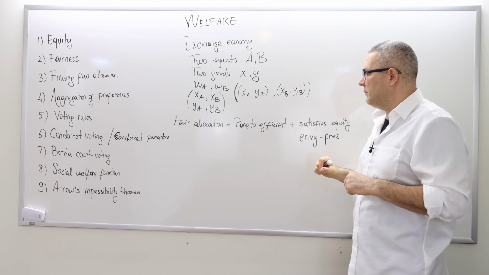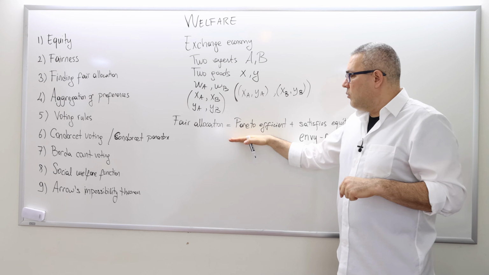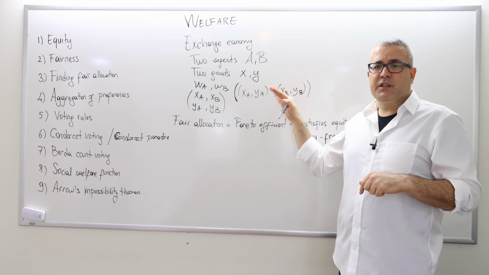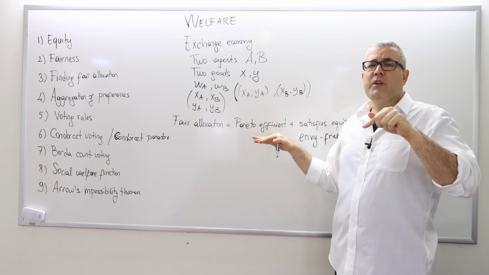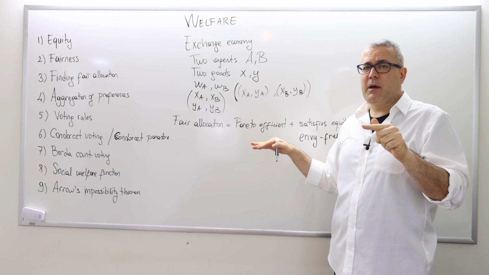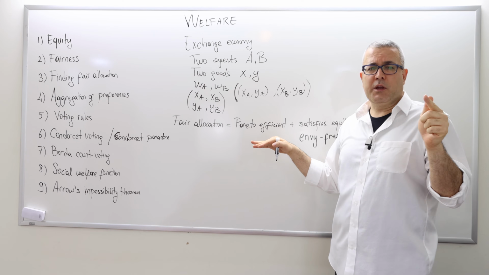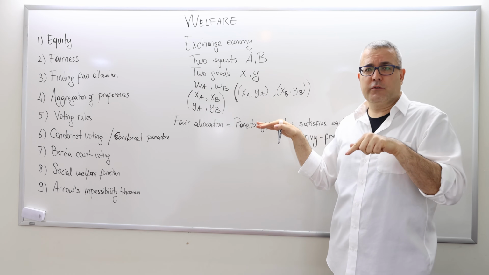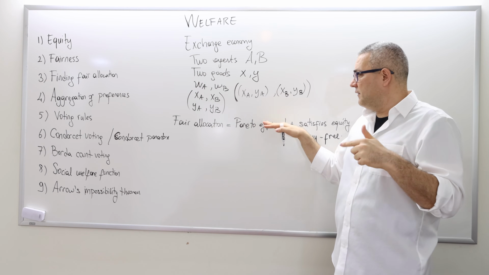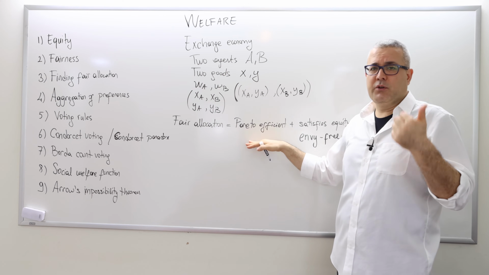I'm going to talk about what it means. We already know what a Pareto efficient allocation is. There is no way to make one agent better off without hurting the other agent, remember? So there's no win-win situation. Or alternatively, the allocation is on the contract curve or in the Pareto set. If this is the case, then the allocation is Pareto efficient.